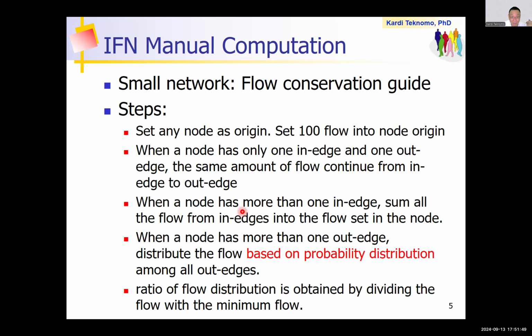When a node has more than one edge, you take the sum of flow from the in-edges and distribute it based on a certain probability distribution that you set. Then the ratio between the flow distribution, you can divide by any statistic of the flow, for example the minimum flow.